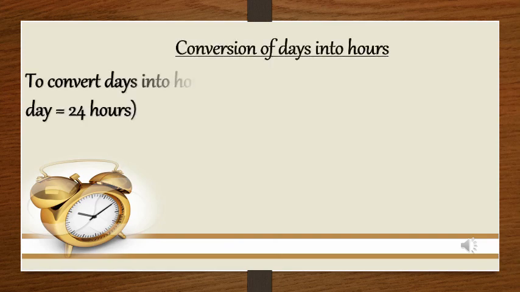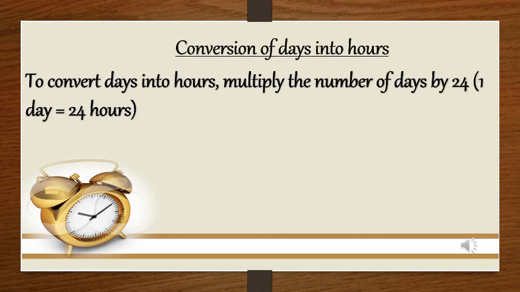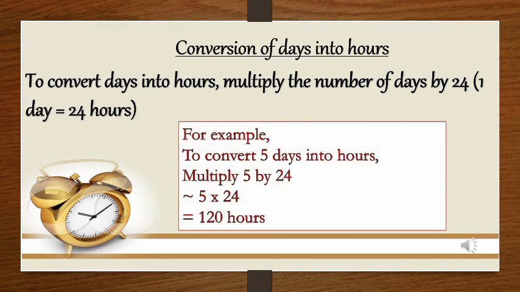After knowing conversion of hours into minutes and minutes into seconds, let's see the conversion of days into hours. To convert days into hours, we have to multiply the number of days by 24 because we already know that 1 day is equal to 24 hours. To understand it more clearly, let's see one example.